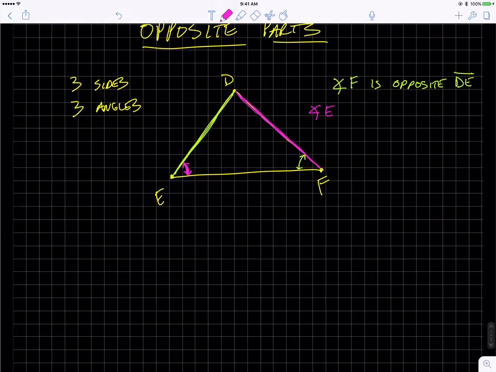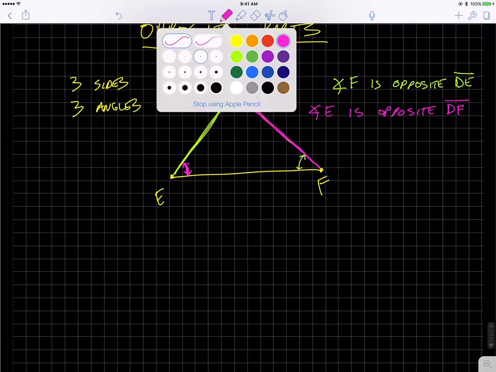Angle E is opposite side DF. All right, and that works the other way. You could say side DE is opposite angle F.